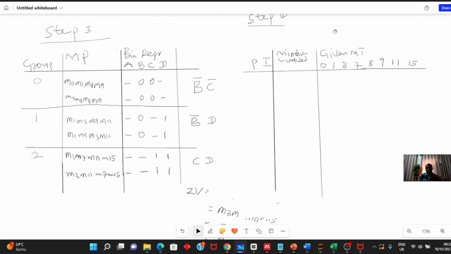For the PIs, our first PI is B bar, C bar. The main terms involved in terms of the values are M0, M1, M8, then M9. So we have 0, 1, and in descending order, we have 8 and then 9.